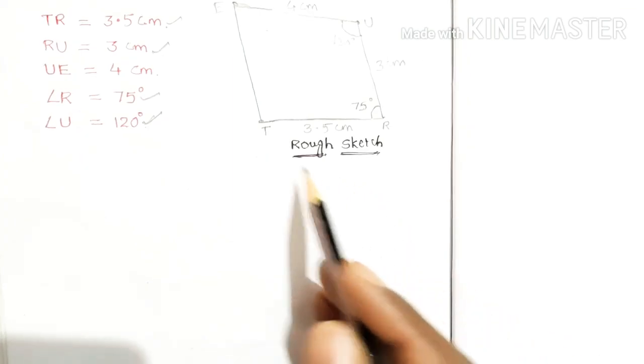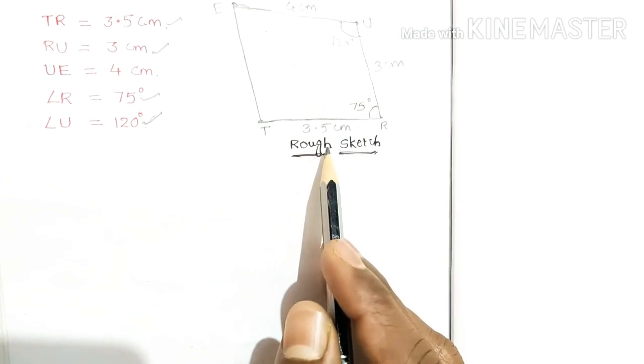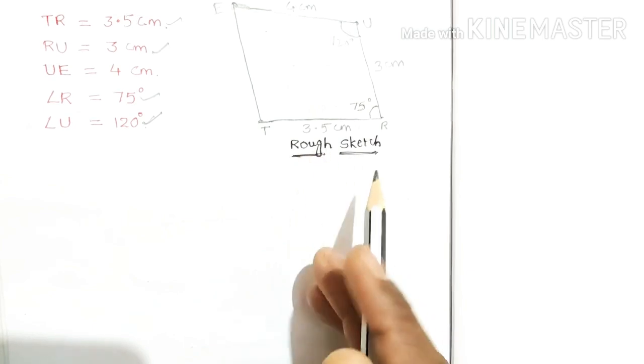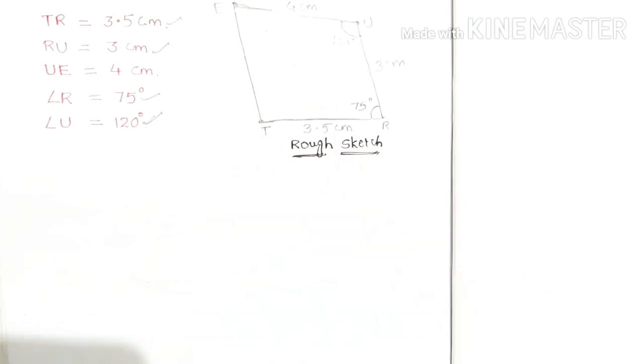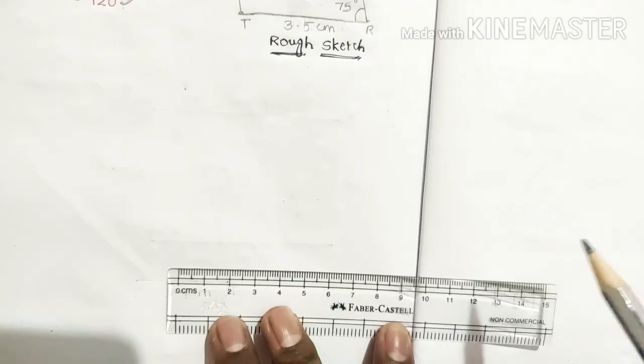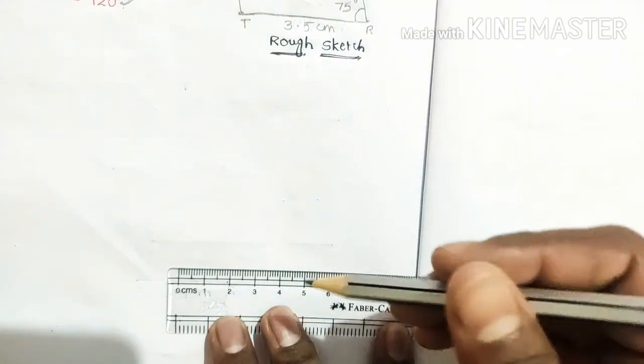Now we have learned how to draw a rough sketch. By using this rough sketch, I am going to draw the main figure. First, we have to draw a baseline. TR length is 3.5 centimeter.